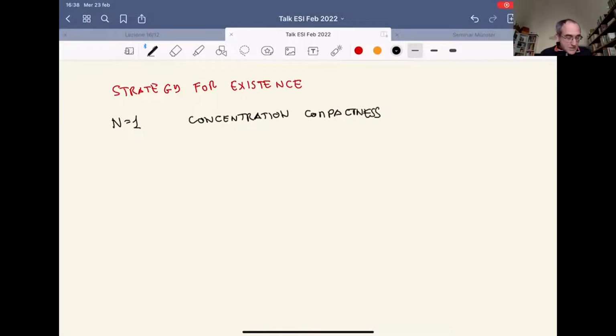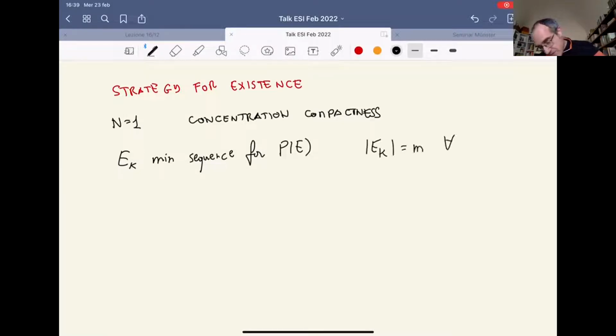You start from a minimizing sequence E_k for the perimeter, which means that E_k has fixed volume for all k.